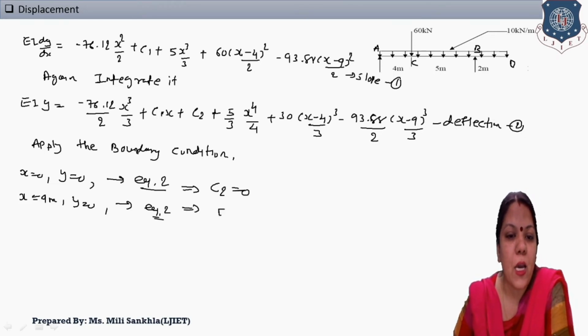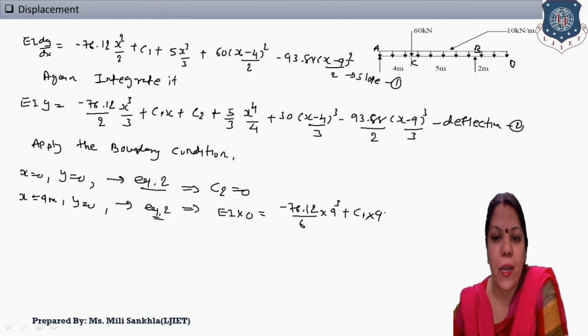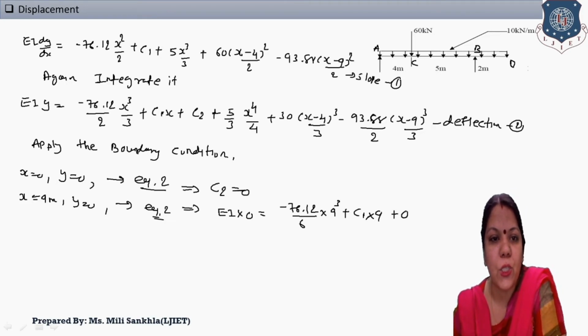Okay, EI y is equal to 0. Second equation: minus 76.12 by 6, and what is the value of x? That is 9³, plus C1 into x equal to 9, and the constant C2 is equal to 0.